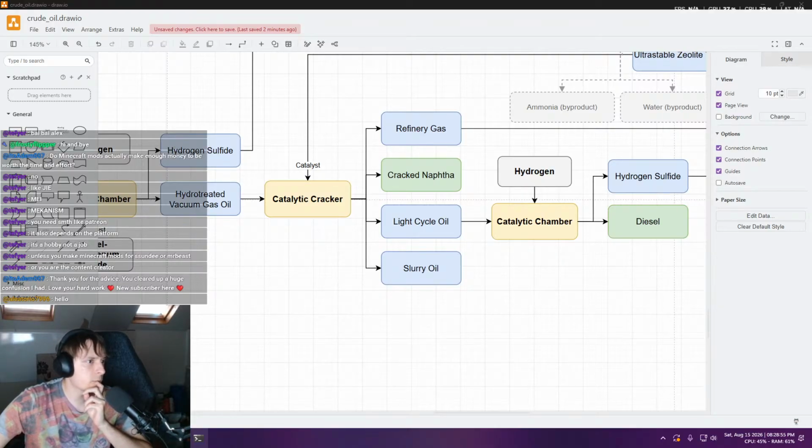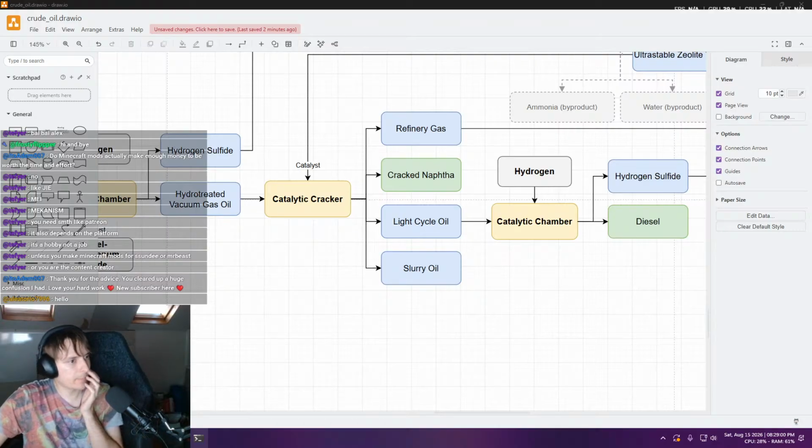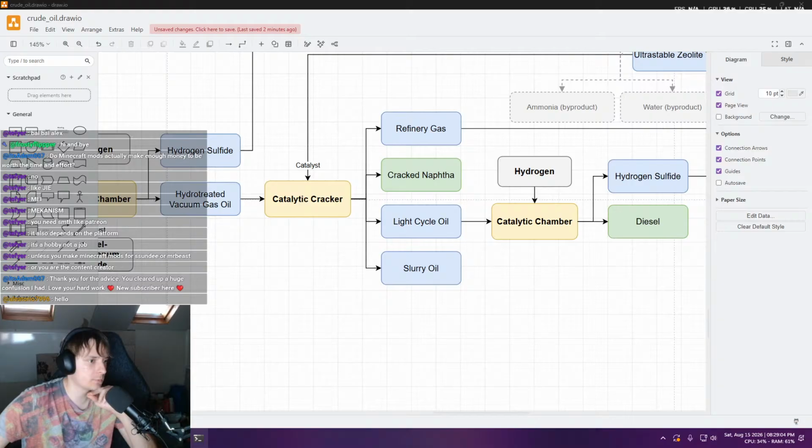Okay, so it basically has 3 options. It can go through thermal cracking, which gives us refinery gas, coker naphtha, coker gas oil, and then petroleum coke.